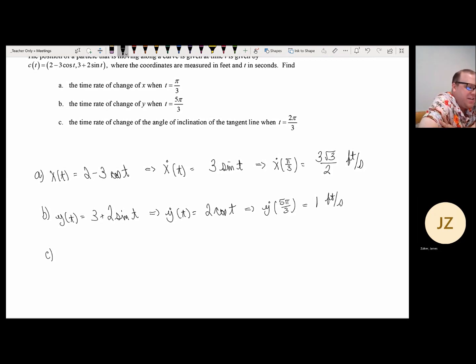Angle of inclination of the tangent line.